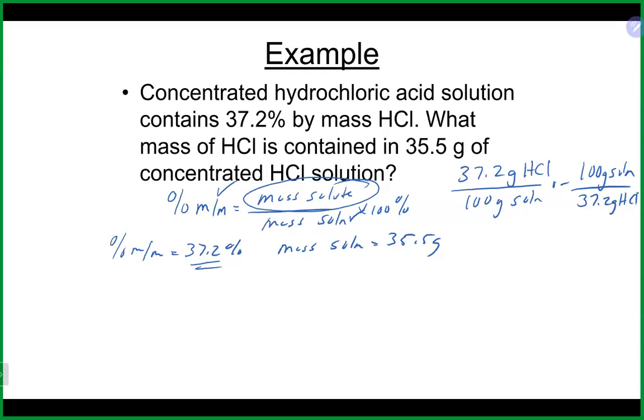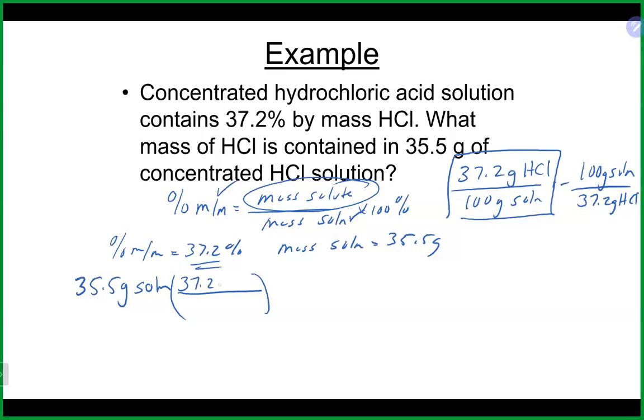So if we take a more dimensional analysis approach here, we have 35.5 grams of solution. We want to go opposites to cancel, which means we do want to use the one with 100 grams of solution on the bottom. That will give me 37.2 grams of HCl and 100 grams of solution.